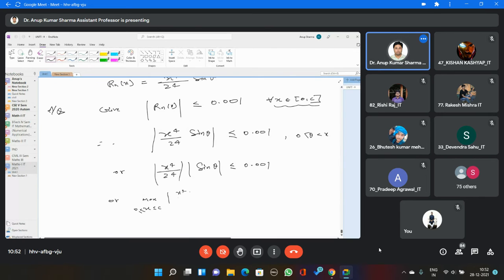This x power 4 upon 24, and this is theta. The maximum of sin theta is 1. Product we will be writing, max of sin theta where x is less than or equal to c.